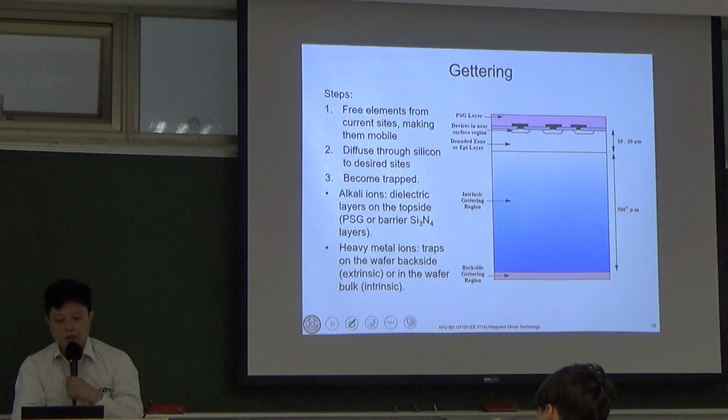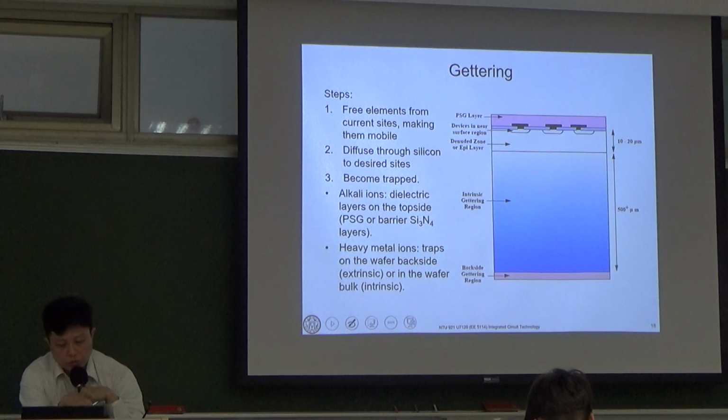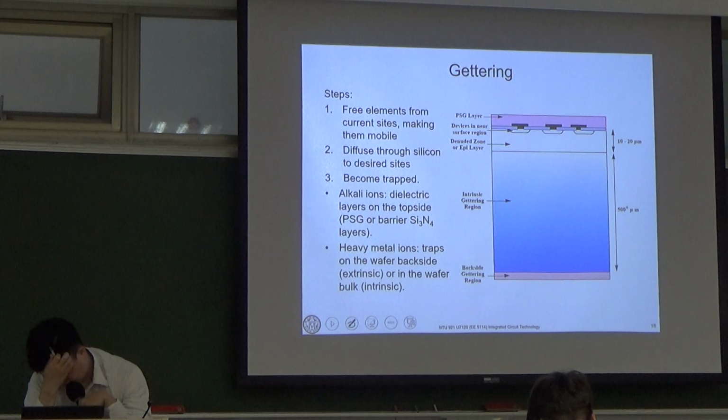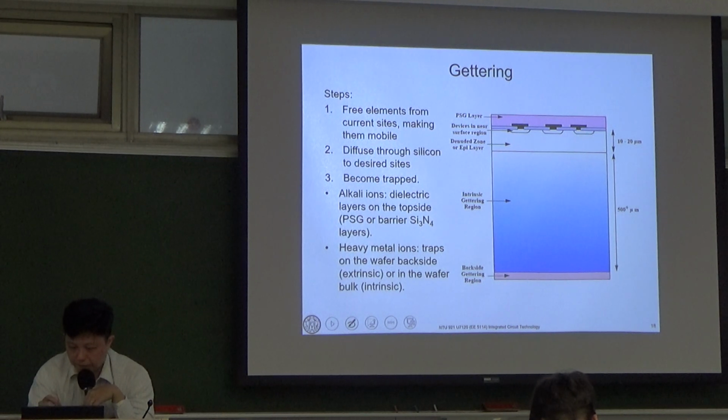Okay, then we're going to use this figure to describe the steps where we gather those unwanted metals or ions. Okay, here the PSG layer on top is this pink layer that sometimes we can use to getter those alkaline ions, but we have to remember that it will absorb some water vapor and cause aluminum corrosion later on.